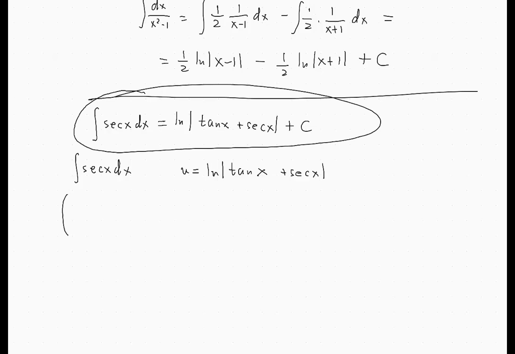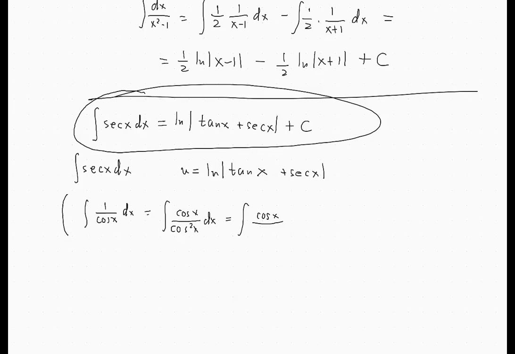And the conceptual way is to think of secant as 1 over cosine, and then write this as cosine x over cosine square of x. And then I write this as cosine x over 1 minus sine square of x.